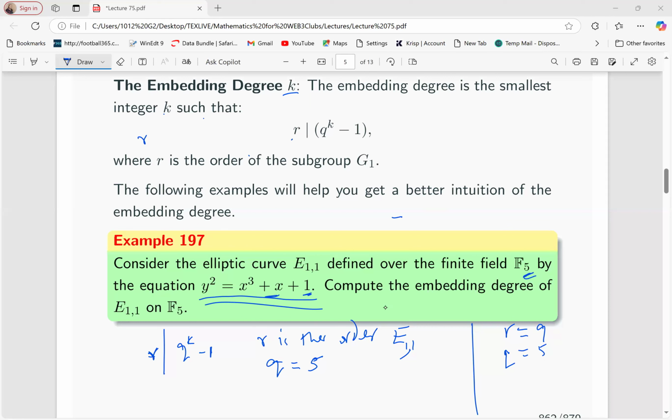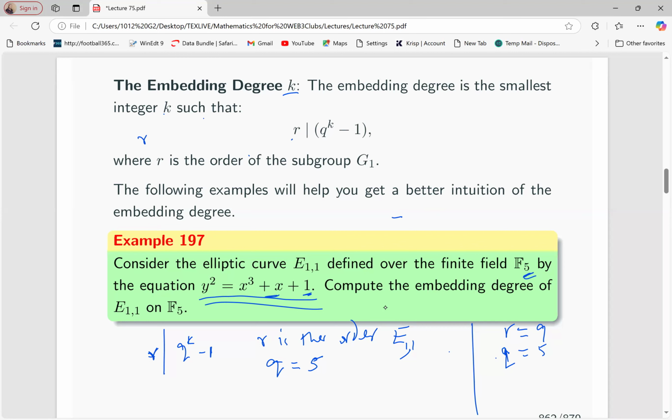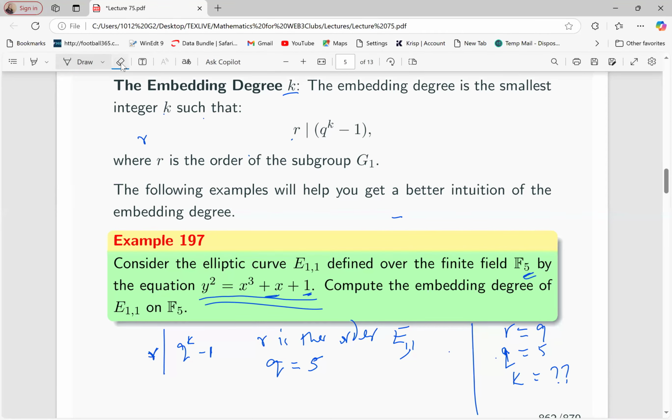So Q is 5, R is 9. What else do we require? We require K. K is what you're looking for, and it is the smallest of all the numbers that will allow R to divide Q raised to K minus 1.